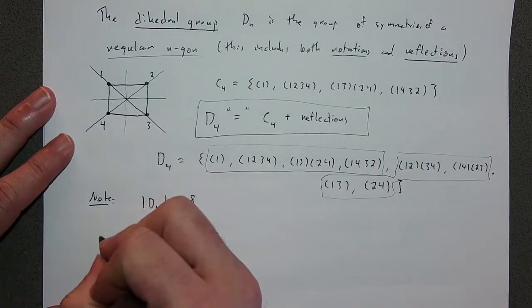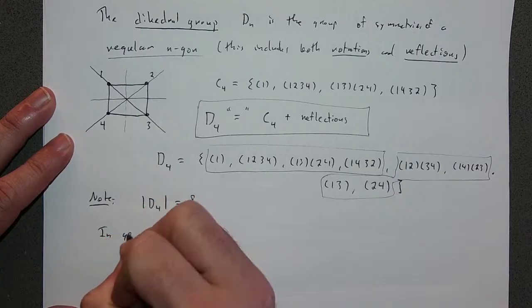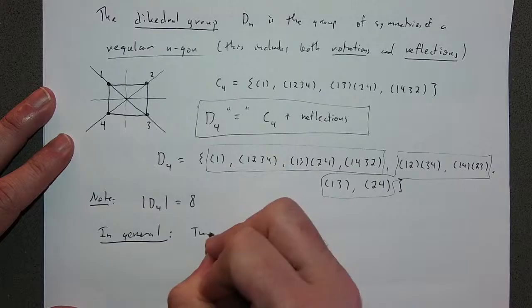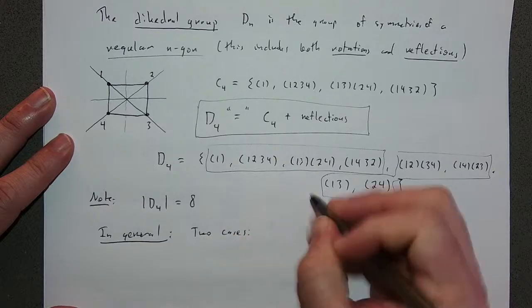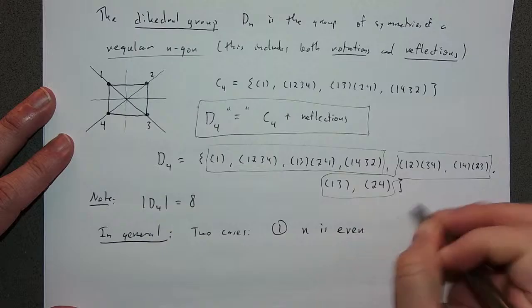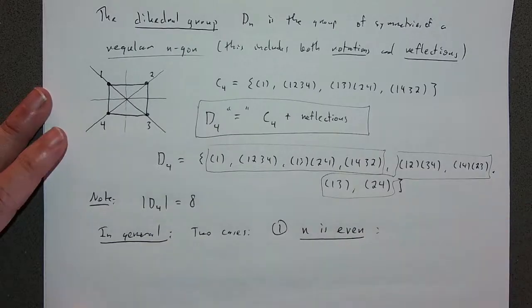So in general, two cases. Case 1, n is even.